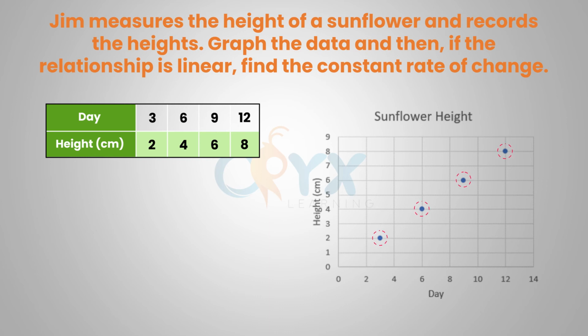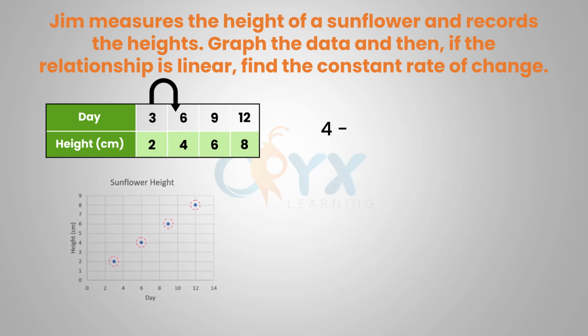Now we can look at how much the days increase by how much the heights increase. So our day goes from 3 to 6, which is an increase of 3, and our height increases from 2 to 4, which is an increase of 2. So we have a slope, or a rate of change, of 2 over 3.